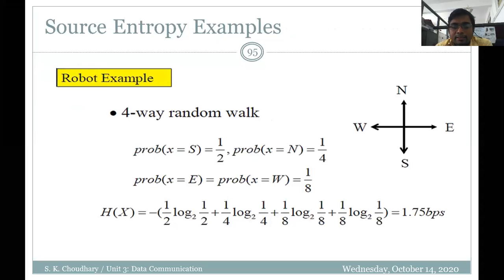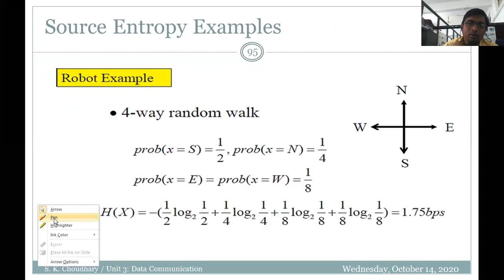So to understand this concept, we have to take an example that would explain the theory of the source entropy. You can see there is an example of a robot, a path following robot, and it can walk in 4 directions. These directions are shown here: east, west, north, and south.